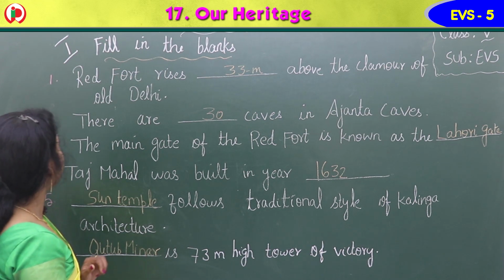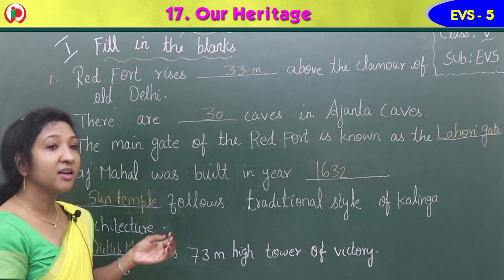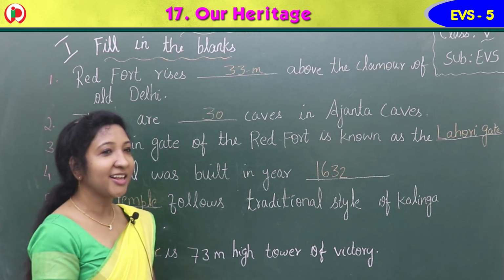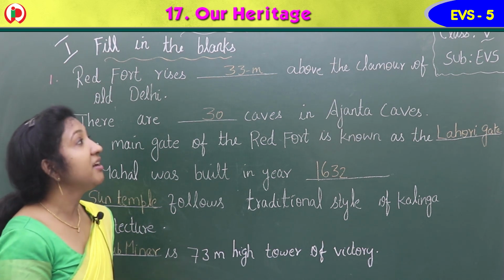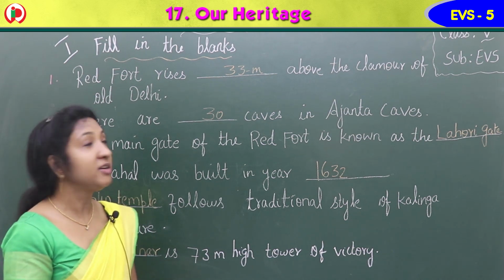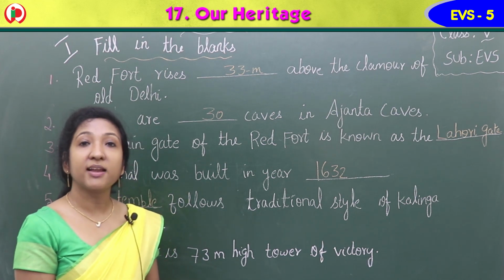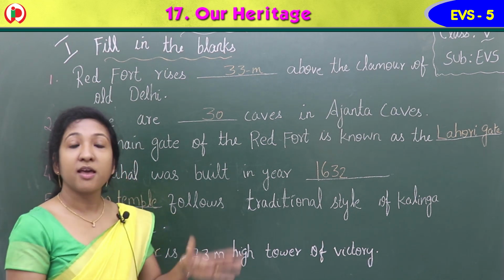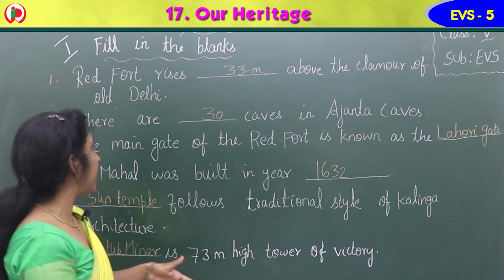Yes. Now, the first one, Red Fort rises dash above the clamour of old Delhi. Red Fort rises 33 meters above the clamour of old Delhi. Second, there are dash caves in Ajanta caves. There are 30. Yes. Along with the unfinished ones, there are 30 caves in Ajanta caves.